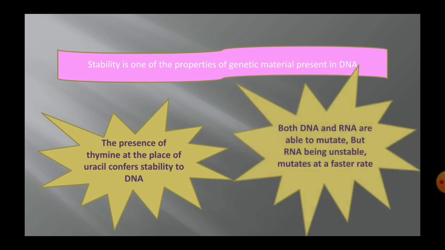The second one: both the DNA and RNA are able to mutate. Both have a capacity to mutate. When you compare DNA and RNA, RNA being unstable mutates at a faster rate, whereas DNA mutates at a slower rate. That's why it is a stable genetic material.